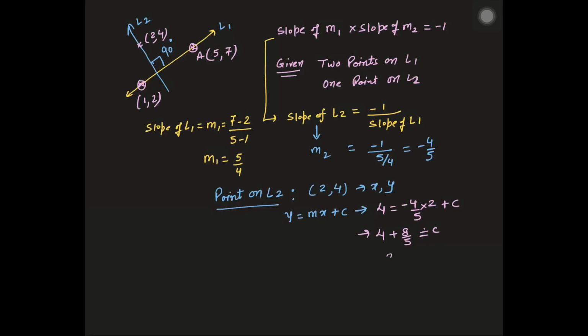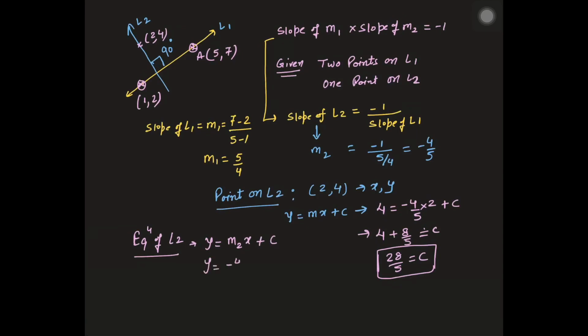If you move it to that side, it will become positive. And if you simplify, it becomes 28 over 5. Okay. And then the equation of L2 is y equals to mx plus c, or rather you can say m2x plus c. So it is -4 over 5x plus 28 over 5.